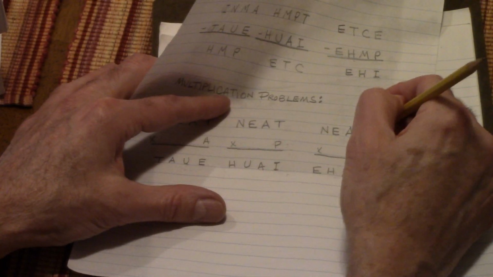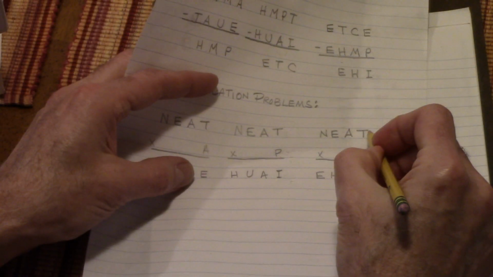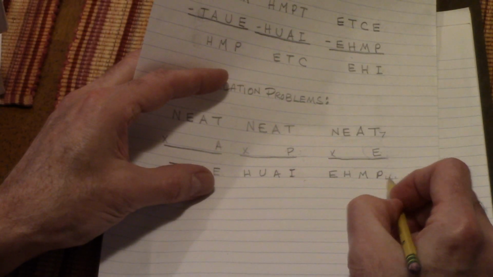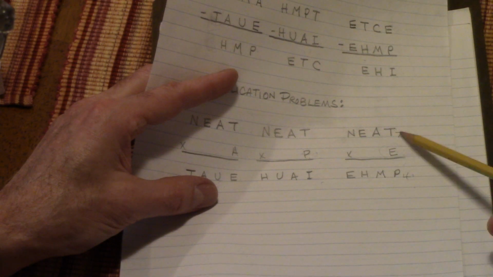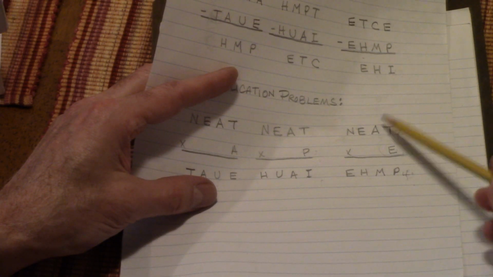Let's try that with our other set of variables, where T equals 7 and P equals 4. Is there a number for E that we can use? 7 times 1 would be 7. 7 times 2 would give us 14, carry 1.